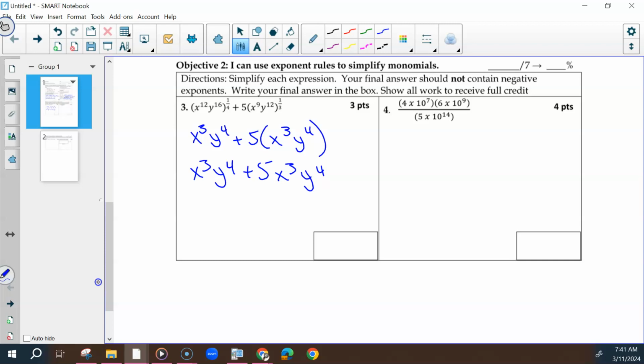They are different things, but they are multiplying, not adding and subtracting. So it's not distributing. Then your final answer, these have the same exponent, so you can combine like terms, was 6x to the 3rd, y to the 4th. Your points there were, did you get these exponents correctly, this term correctly, and the final term correctly?